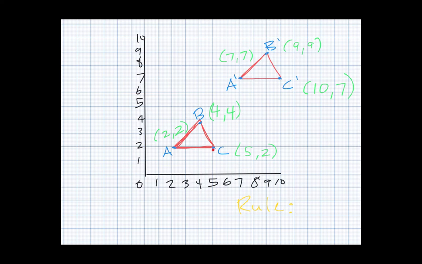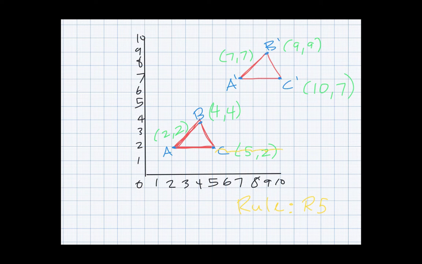So C went right how many times? 1, 2, 3, 4, 5. So C went right 5 times. Let's just designate how many spaces it went over.